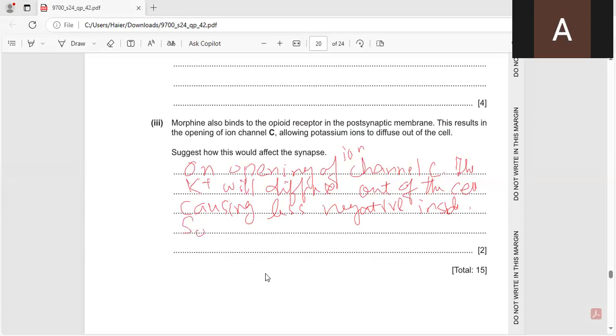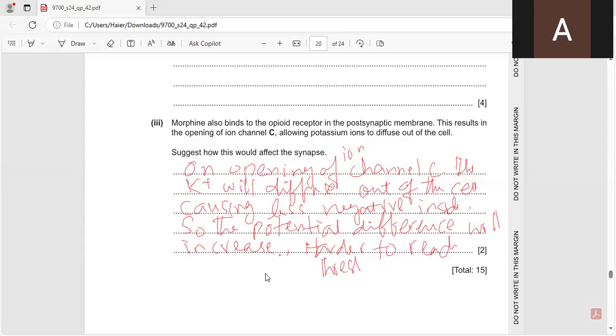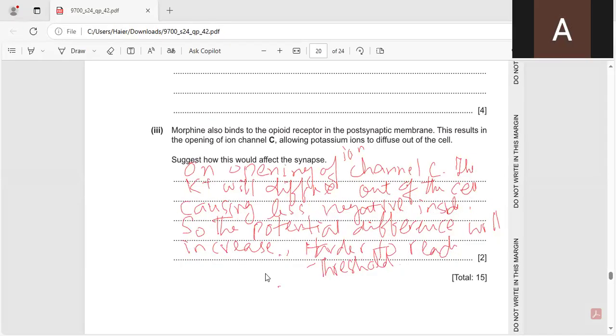So the potential difference will increase, so it will not reach the threshold. So in this way it will affect the synapse.